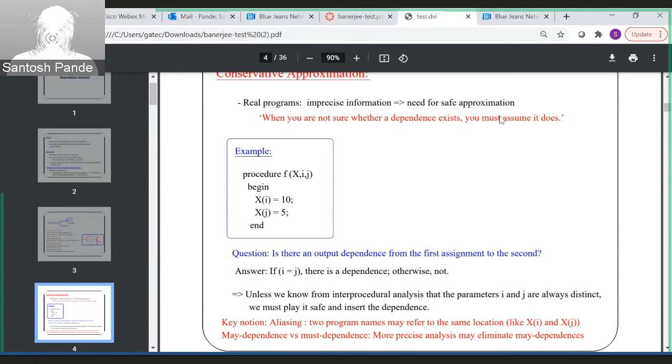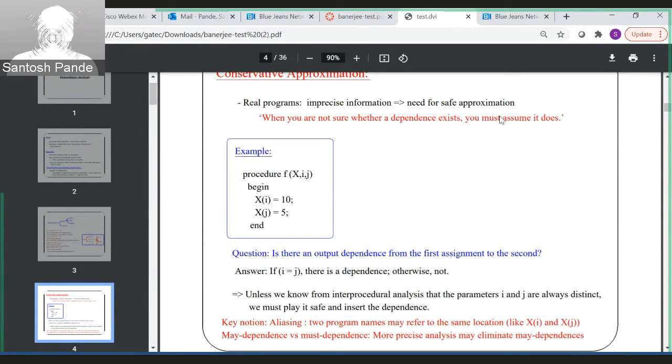But if we cannot prove it for certain, even for one instance of the call, then obviously we must assume that they might become equal, and we must assume that there is a dependence. Maybe there is no dependence in real execution, because i and j are always distinct. But if we are not able to prove so for every invocation of this f, then we have to assume they are equal.